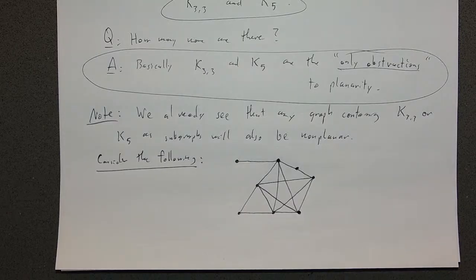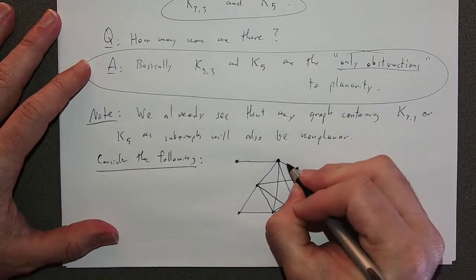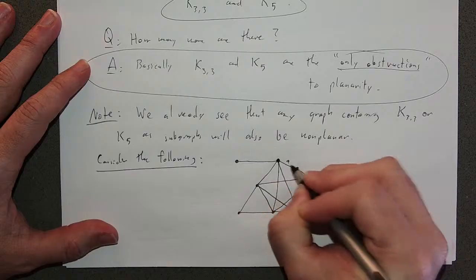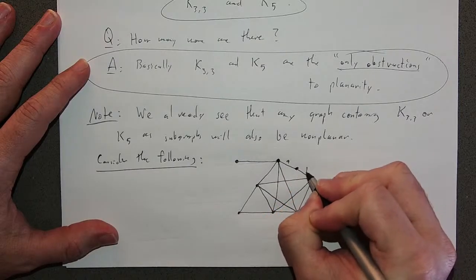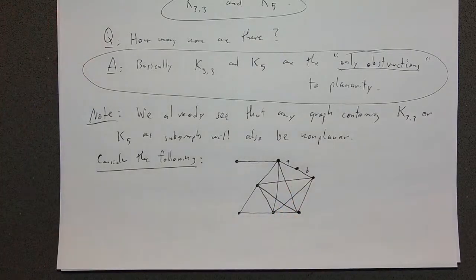Now I'm going to label a few things. I'm going to label this edge A, and this edge B.